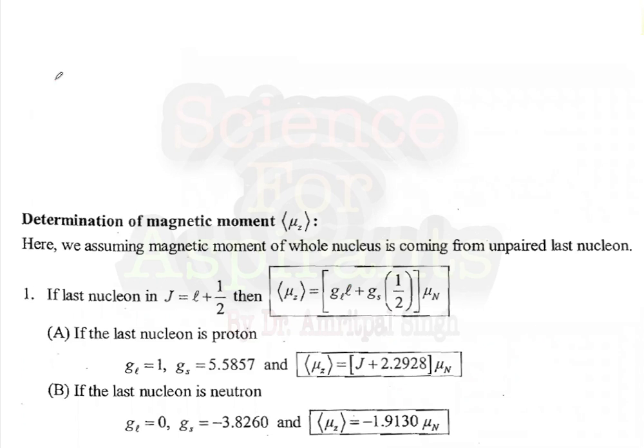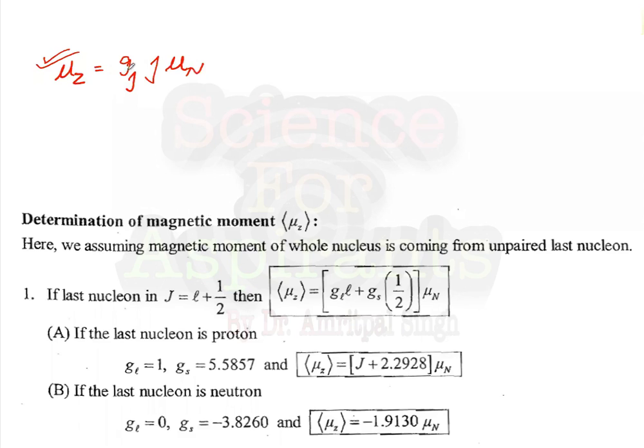I will write the formula here. This is the magnetic moment due to the magnetic field generated by protons and neutrons, acting along the z-axis. It depends upon the value of g, J is our total angular momentum, and mu is the nuclear magneton. These values you have already found.